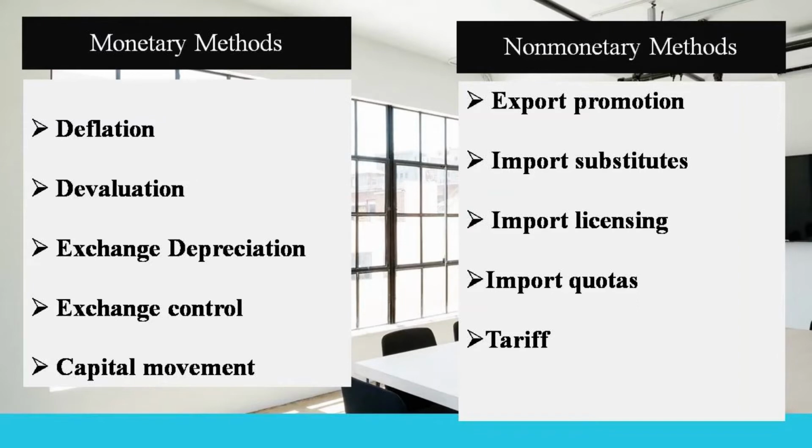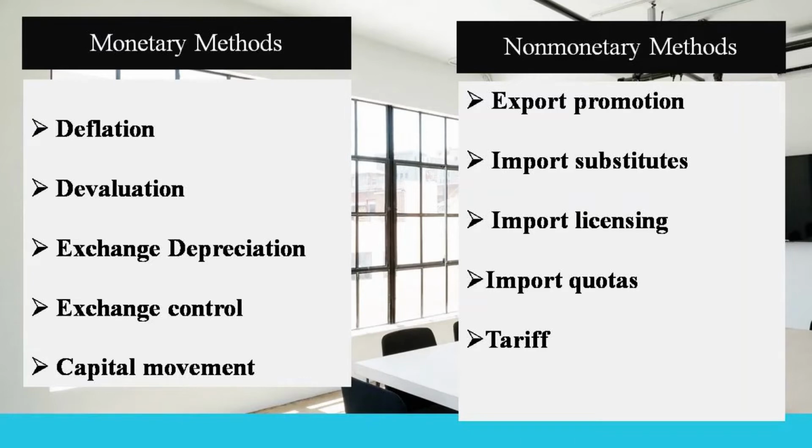There are two methods to correct balance of payment. Those are monetary methods and non-monetary methods. Monetary methods of correction affect the balance of payment by changing the value or flow of currencies, both domestic and foreign.